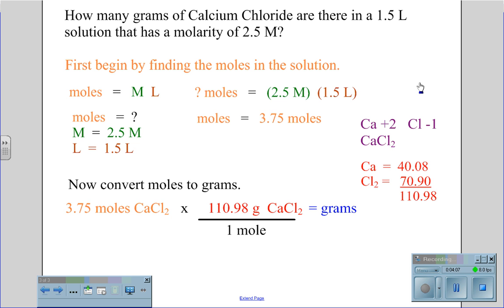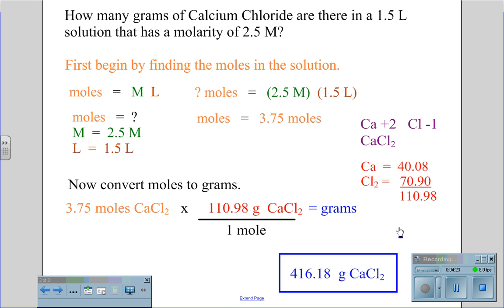To convert the 3.75 moles of calcium chloride to grams, we then multiply by 110.98 grams of calcium chloride, which is the molar mass. Divide that by the 1 mole to cancel the moles, and we get an answer of 416.18 grams of calcium chloride in the 1.5 liter solution in order to have a 2.5 molar solution.